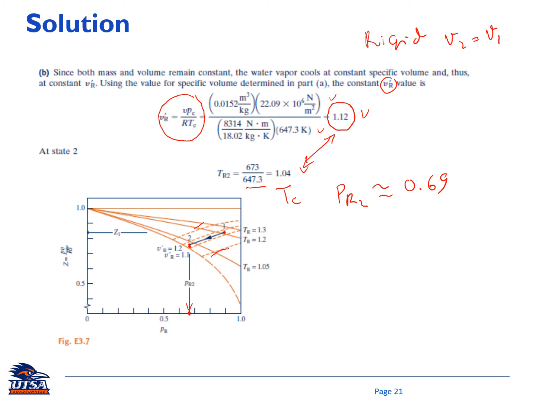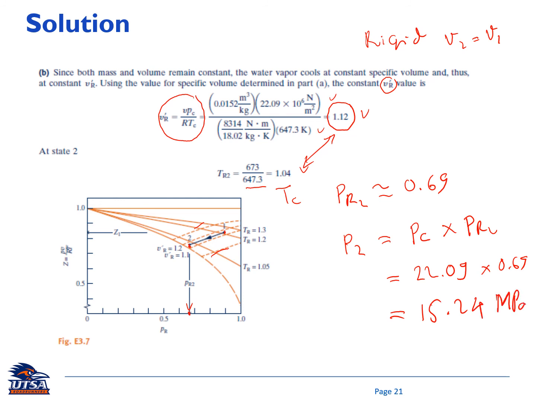And then once you have PR2, you can calculate P2 equal to PC times PR2. So PC, once again, you can get it from table A1. So you have 22.09 times 0.69. So you will get a value of 15.24 megapascal for the pressure at state 2.